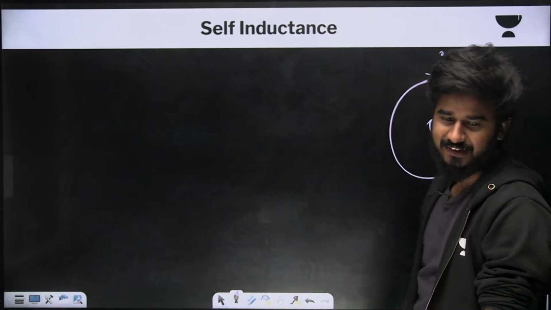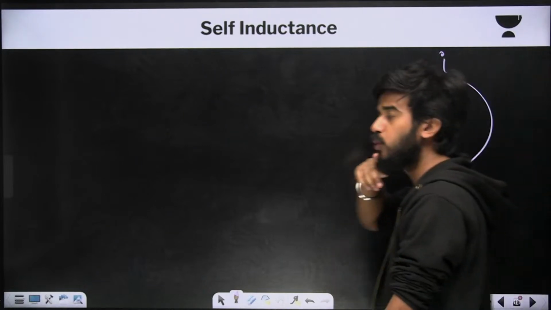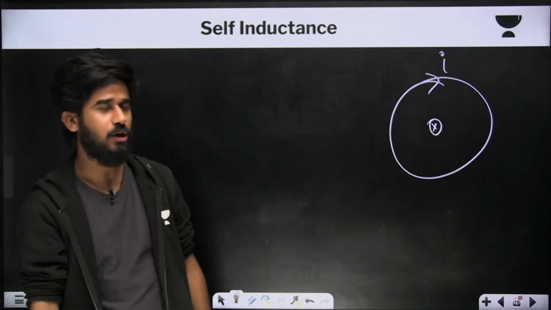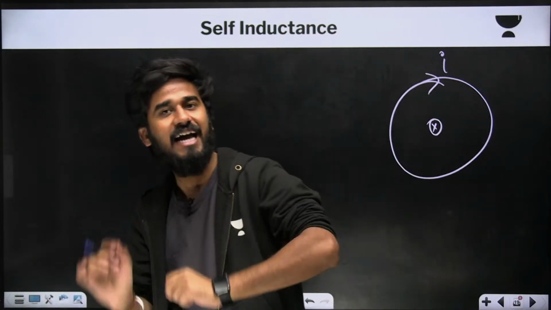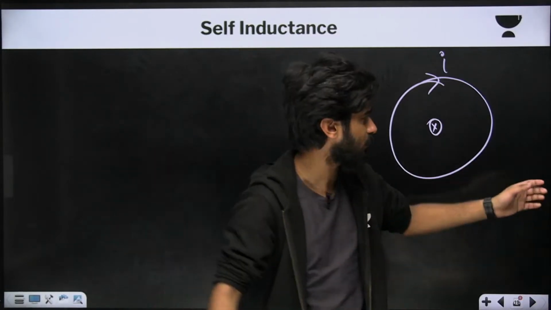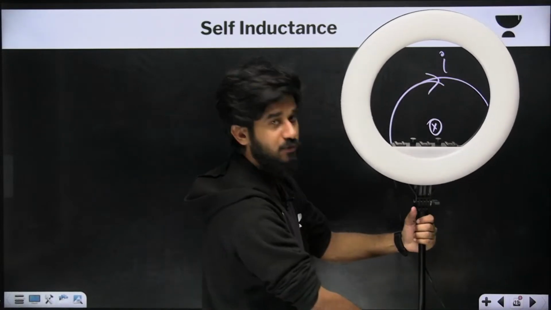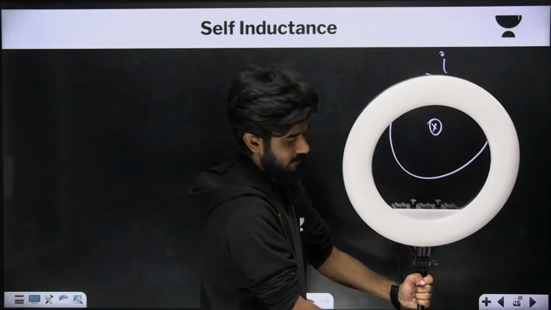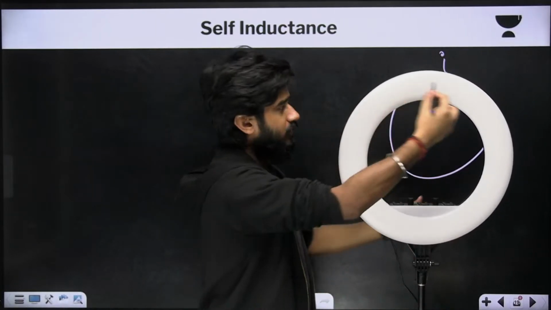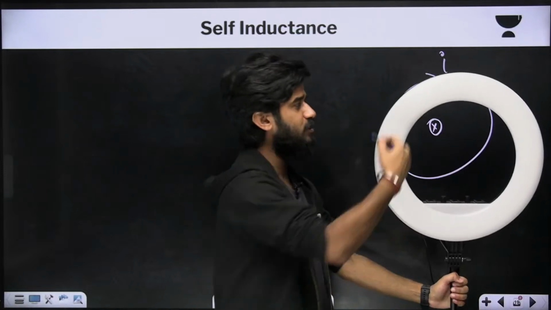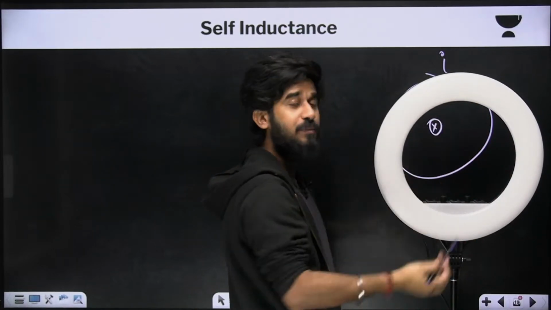So first of all, suppose this is the loop and the current I is flowing. If we change the value of current through this loop, it means the magnetic field is changing, and if the magnetic field is changing, it means flux is changing.